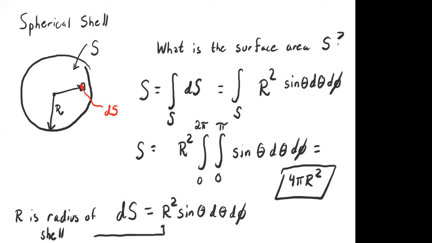So there's one other thing I want to do before we leave our discussion of spherical polar coordinates. I want to look at another way to find the volume of a sphere.